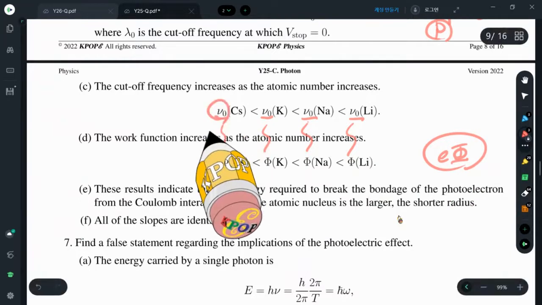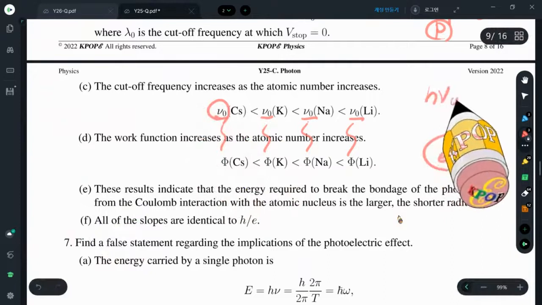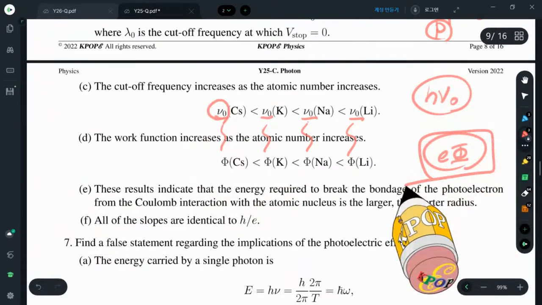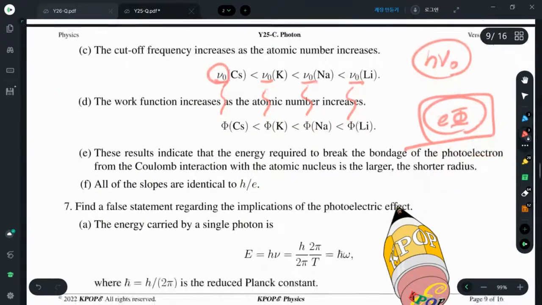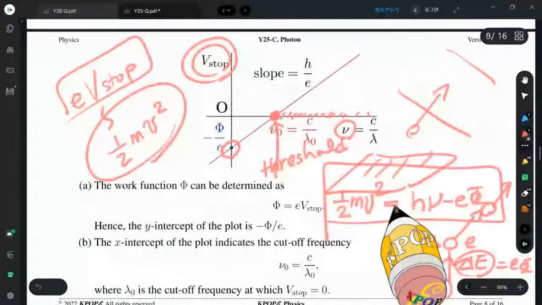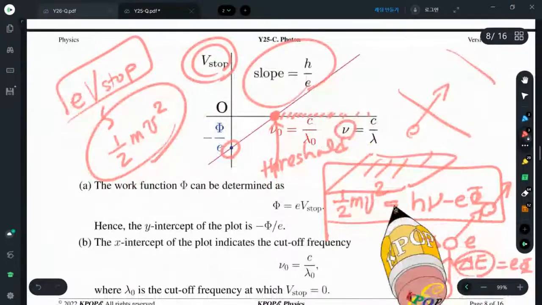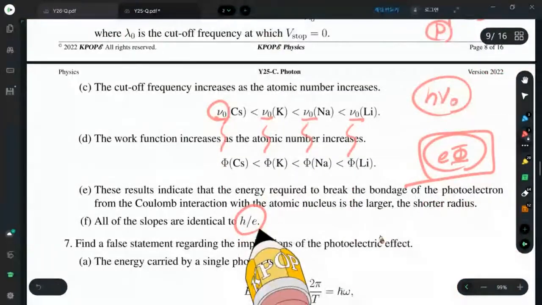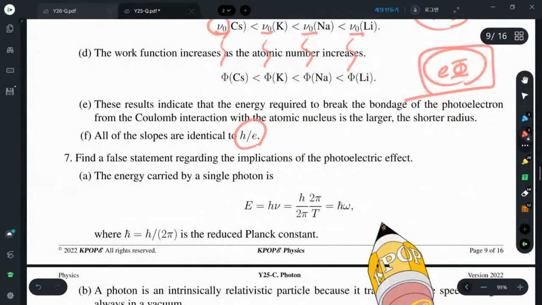And the threshold frequency shows h nu 0 must be greater than this to have photoelectrons. So the measured slope in this plot shows the ratio h over e, one of the most fundamental physical constants.